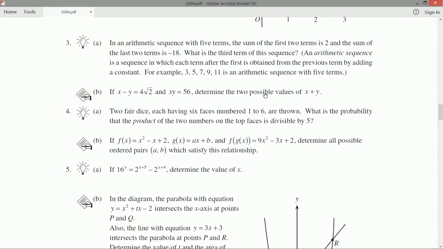So things that I notice in here, because it's quite an insubstantial question, very, very little writing, especially compared to A part. Things that drew me to maybe dealing with squares: two possible values tells me I should be solving a quadratic or something equivalent, and x plus y squared is certainly sort of equivalent. You do get two answers out from that.